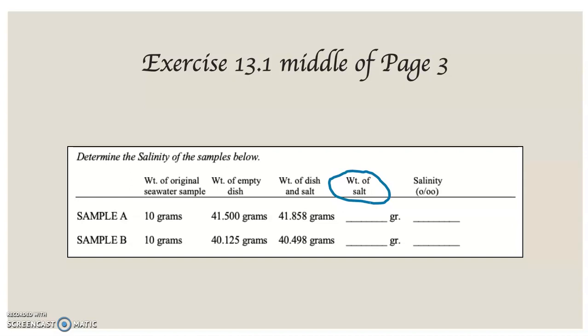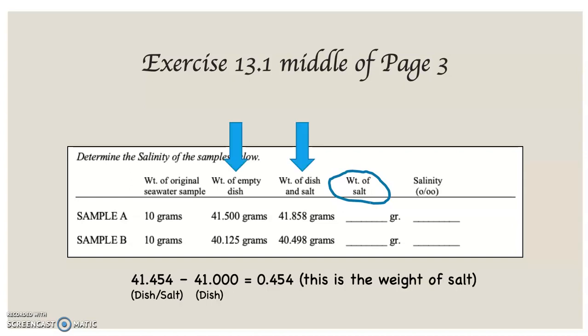You took 10 grams of water and poured it into that dish. Then you put that dish into the oven and dried it out. Once all the water evaporated, what was left behind was the dish and the salt, which weighed 41.858 grams. In order to solve for the weight of the salt, you just take the weight of the dish and the salt and subtract the weight of the dish, and now you have the weight of the salt. Let's practice it.